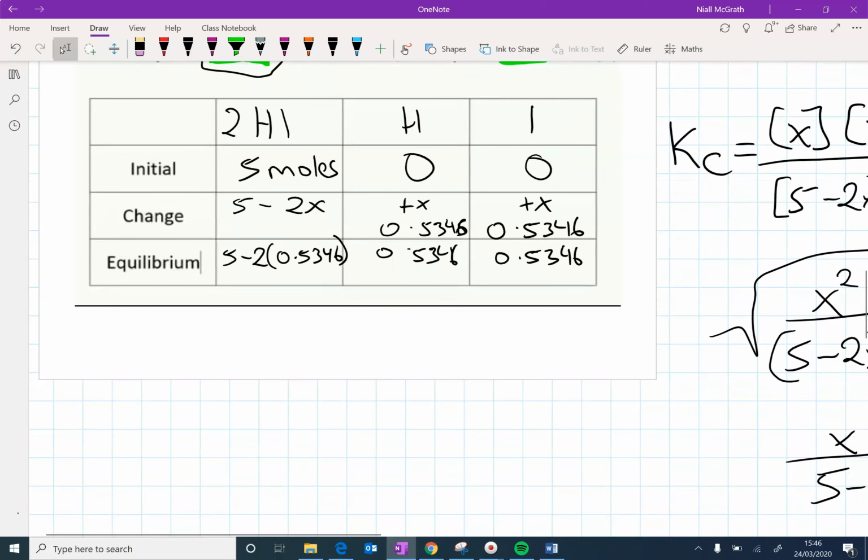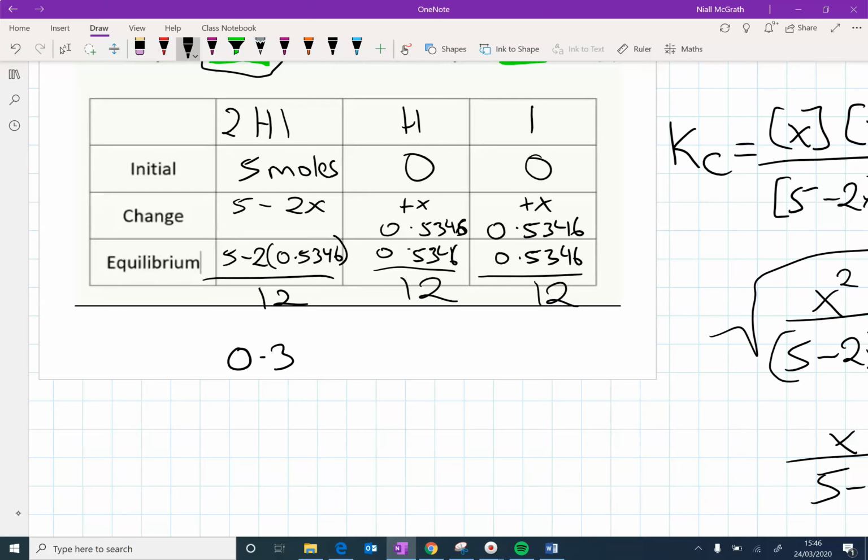So to get all those in moles per litre, you're going to have to put them all over 12. Okay, so that gives us a concentration for hydrogen iodide of 0.3279. Here for hydrogen 0.0445, and here again 0.0445.